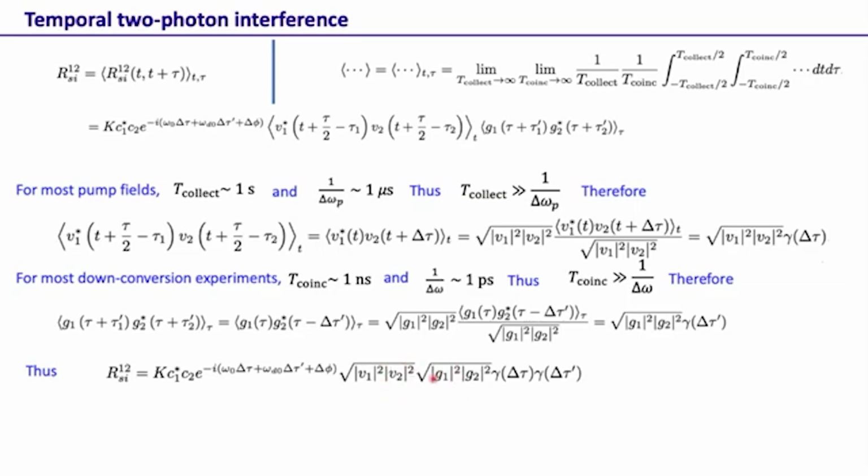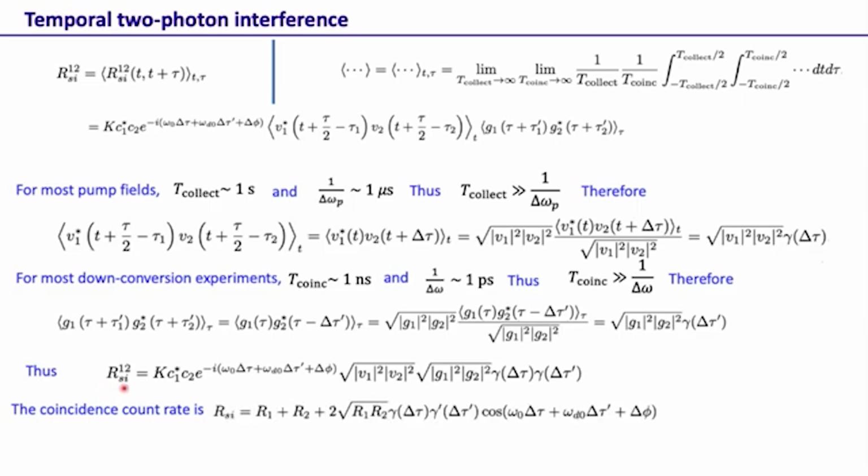This is the signal idler field amplitude in alternative 1 and 2. This delta tau prime, delta phi, these are all the quantities we had defined in the very first few slides as the important length and time parameters. And then we have these two coherence functions, time average degree of coherence function. One is in terms of delta tau and another one is in terms of delta tau prime.